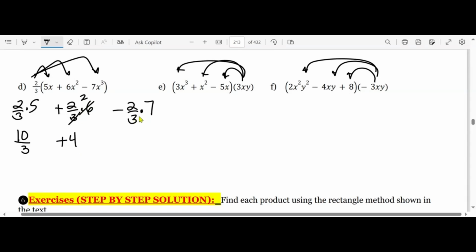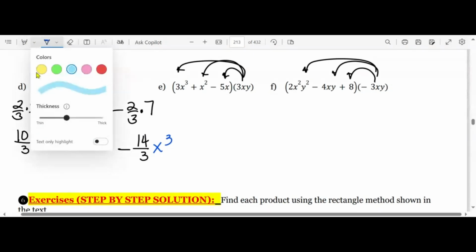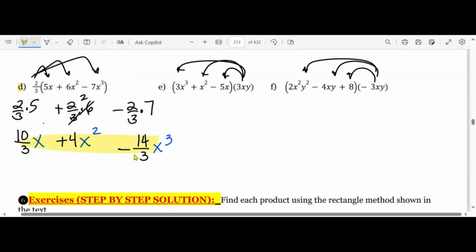Can I cancel? No. 2 times 7 is how much? 14. That's it. So you just put the variable. But what's the variable here? The power comes last, because the 2 over 3 doesn't have an x at all. So finish. Now let's do the next one.